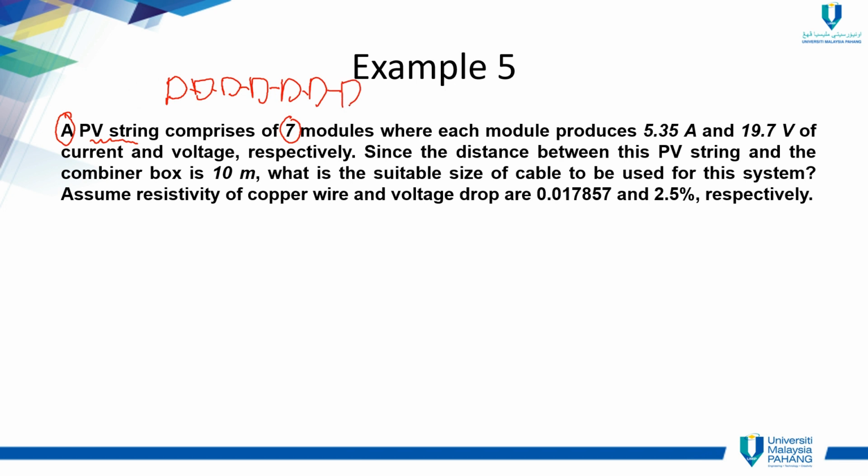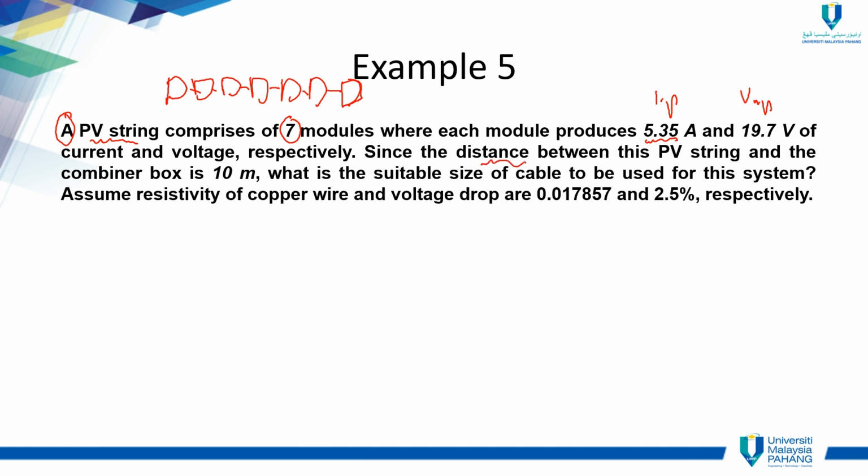Okay. This is not D, this is the module. Just assume this module lah. Don't question too much. Okay, where each module produce 5.35A, I believe this is the IMP, and 19.7 volt, this is also VMP, maybe, of current and voltage respectively.